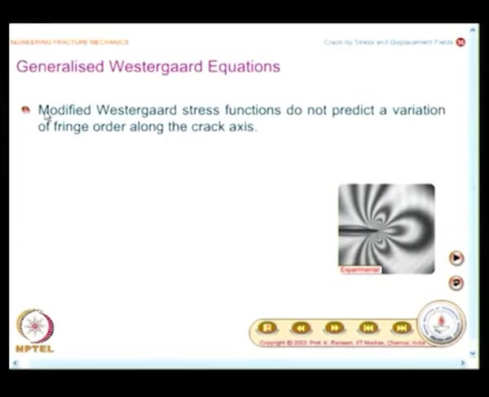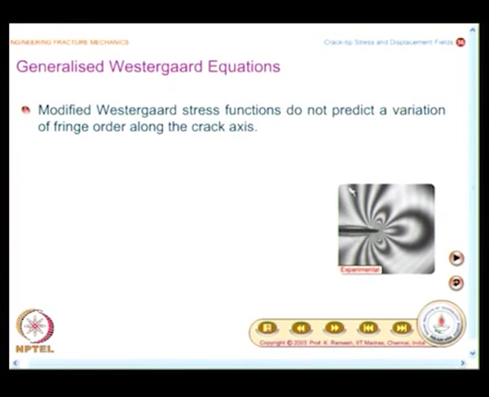In the last class, we had looked at generalized Westergaard equations, and one of the key points in that was we noted that modified Westergaard stress functions do not predict a variation of fringe order along the crack axis, and this is the feature that you observe in an actual experiment.